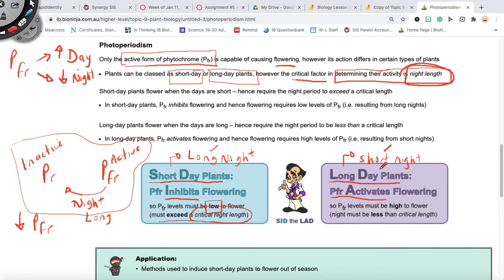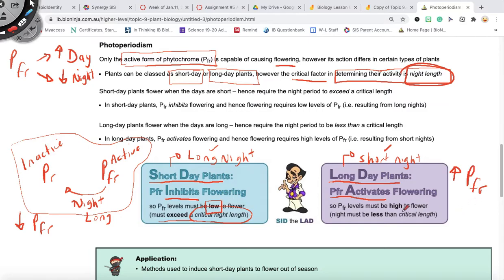Because the days are long, you're going to see more of the inactive to active conversion of PFR. So actually now it's going to go the other way, right? So during these long days, you are going to see high concentrations of PFR.